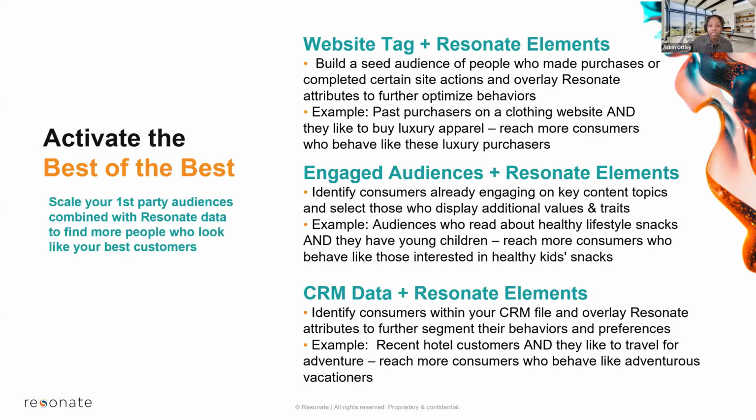So with this, essentially you are identifying consumers within your CRM file that you can onboard into the platform and then overlay Resonate attributes with that CRM file to further segment different behaviors and preferences about your CRM file. Example here is of recent hotel customers. Let's say you have hotel customers, they like to travel and they're adventurous. Using lookalike modeling and this particular method, you would be able to reach more consumers who behave like adventurous vacationers. And again, you can activate that audience and help with your different strategies.